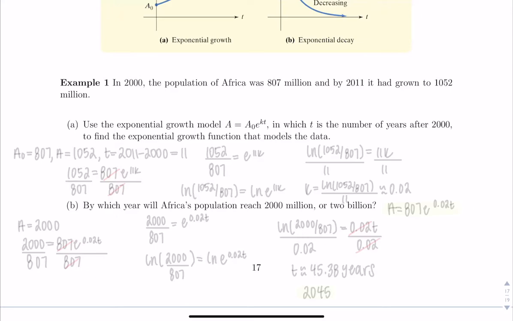Our original, which is A naught, is going to be 807. Our final is 1,052, or our A. Between 2000 and 2011, there are 11 years, so our t is 11.